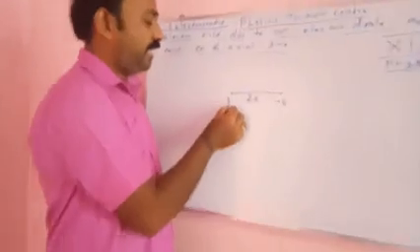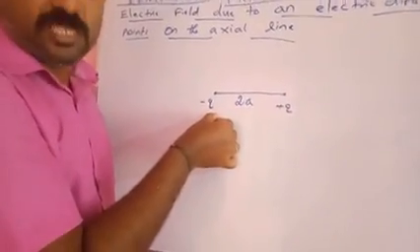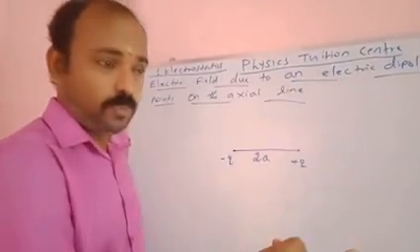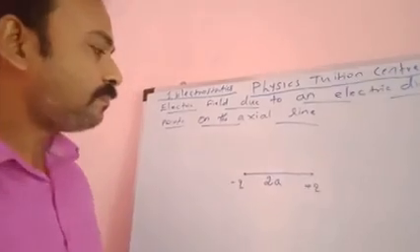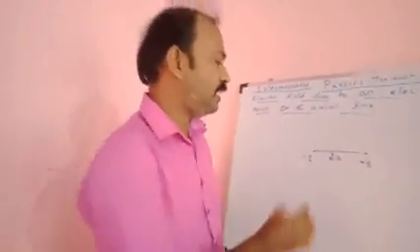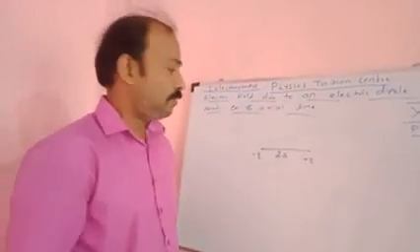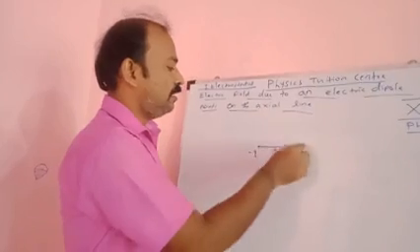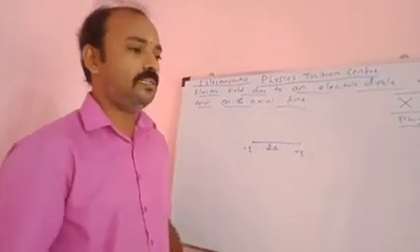This is positive, this is negative. Here the distance is very small, but on our board we draw it long, though comparatively it is very small.